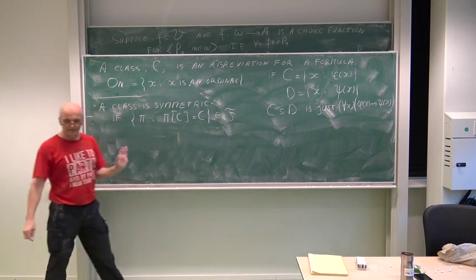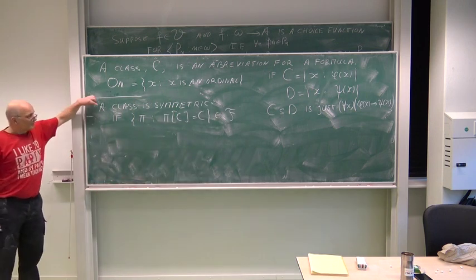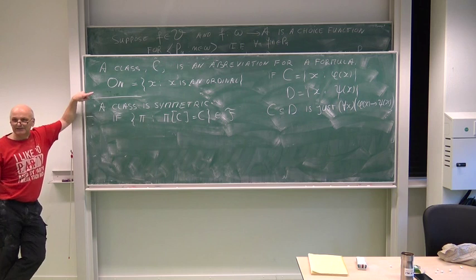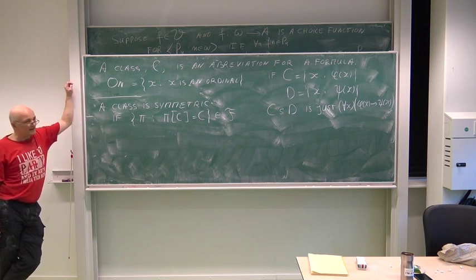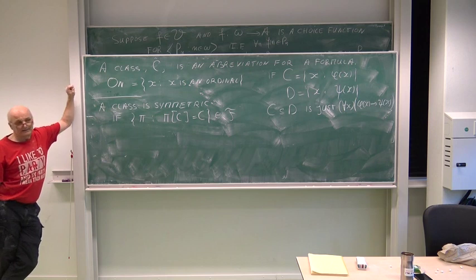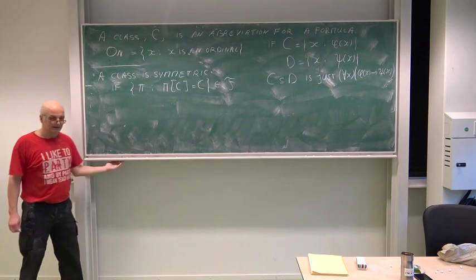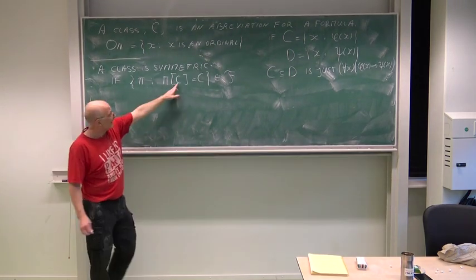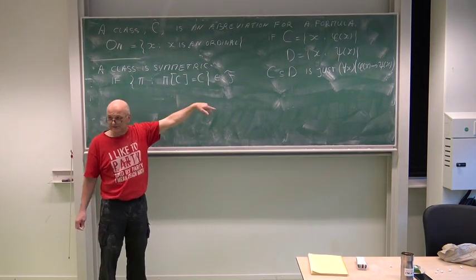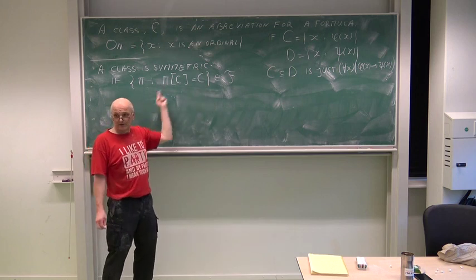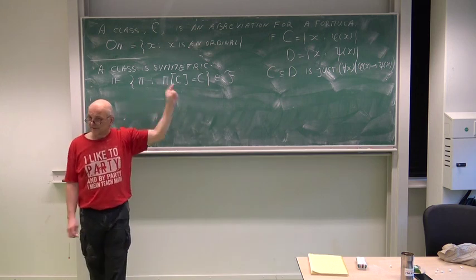Okay, we're going back to the filter language for a moment. We can call a class C symmetric if this happens. Now, generally you sort of feel, yeah, okay, I think I know what you mean. If x is in C, then pi of x is in C, and there is also always a y such that pi of y is equal to x.